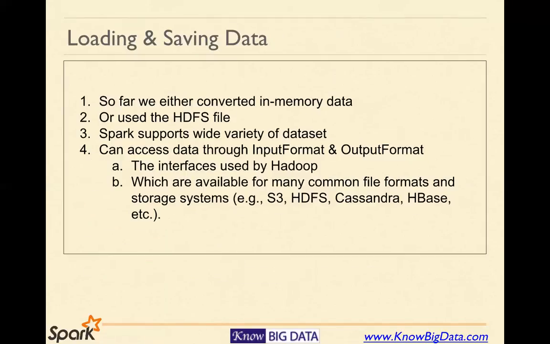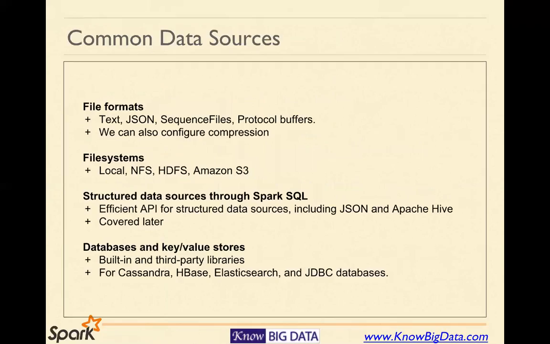Also, Spark can access the data using input formats and output formats, which are available for many common file formats and storage systems such as S3, HDFS, Cassandra, HBase. All those formats it does support. There are a few things to note about a file.